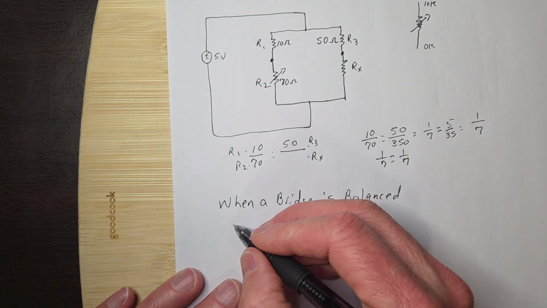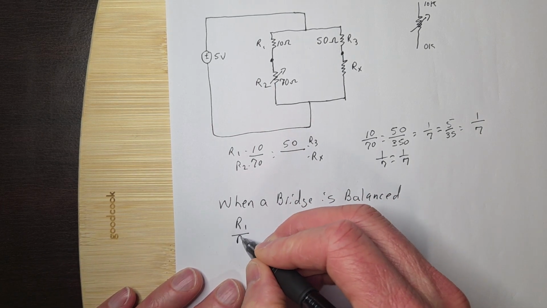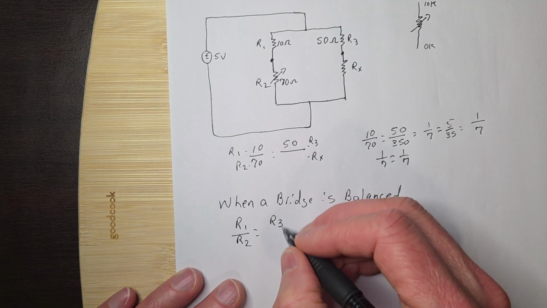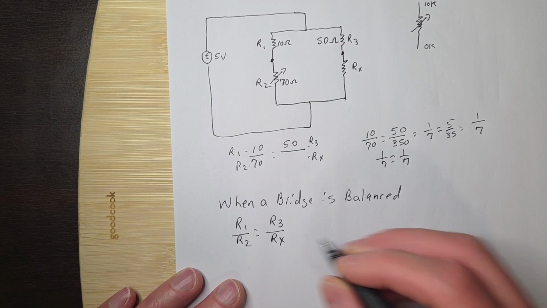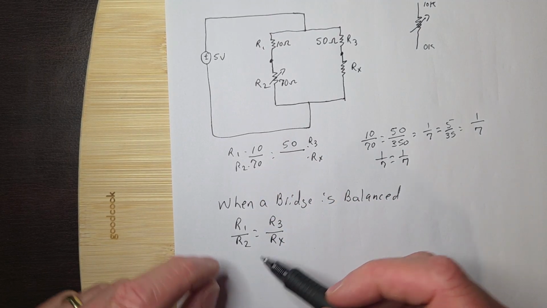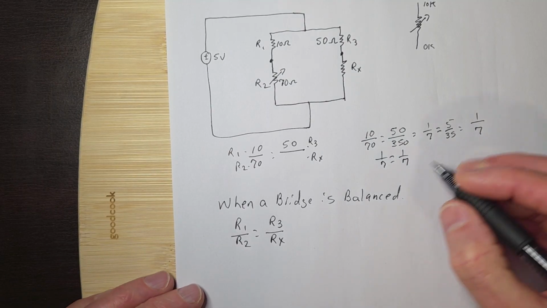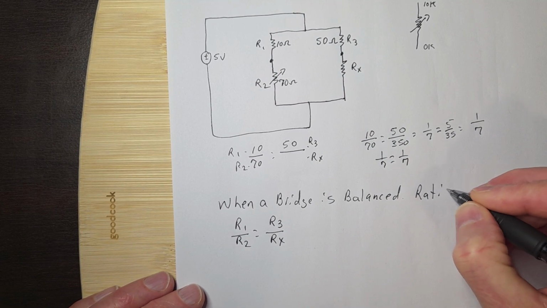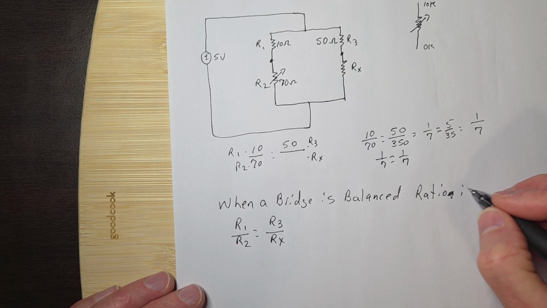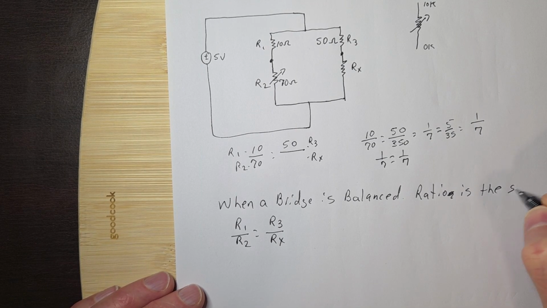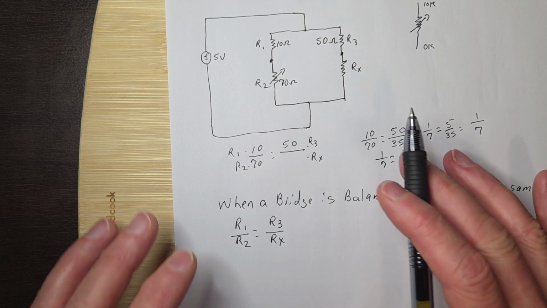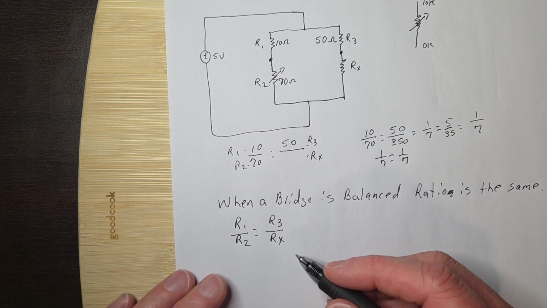All we have to do is state that R1 over R2 is going to equal R3 over Rx, based upon what we just said here. If you have the same ratio, so we know the ratio is the same. I make a lot of mistakes writing. So when a bridge is balanced, we know the resistance ratio is the same.